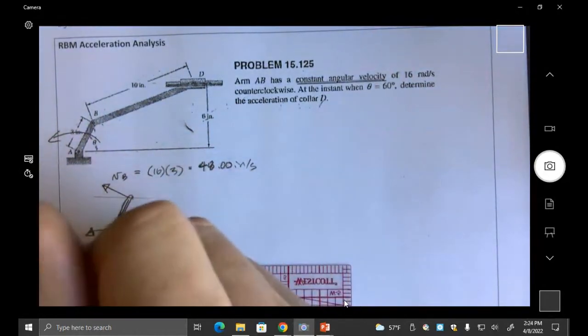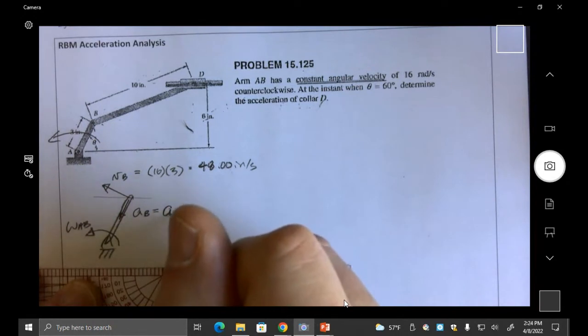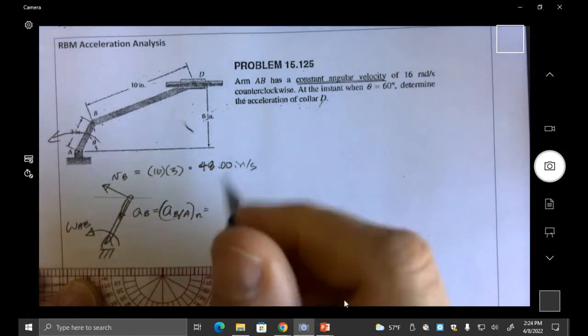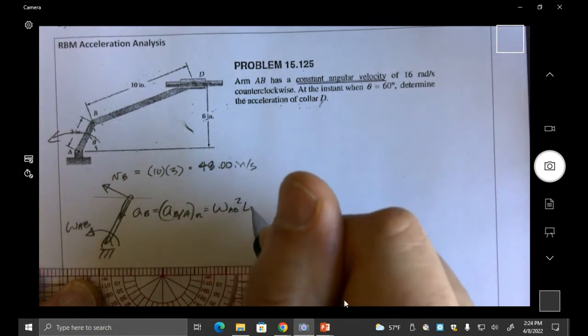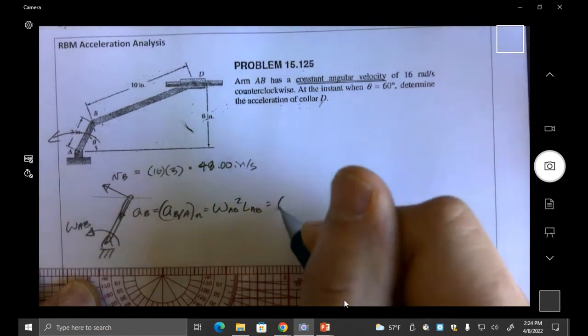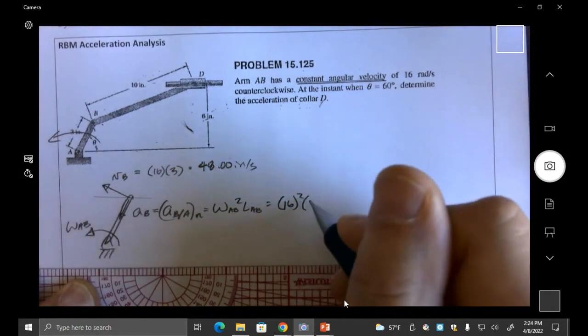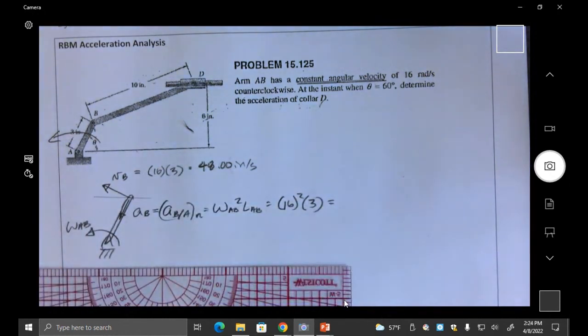So this right here should be, let's see, this is omega AB. And so this is actually going to be the acceleration of B with respect to A in the normal direction. It's going to be (16 squared times 3). So 16 squared times 3 is not written down.